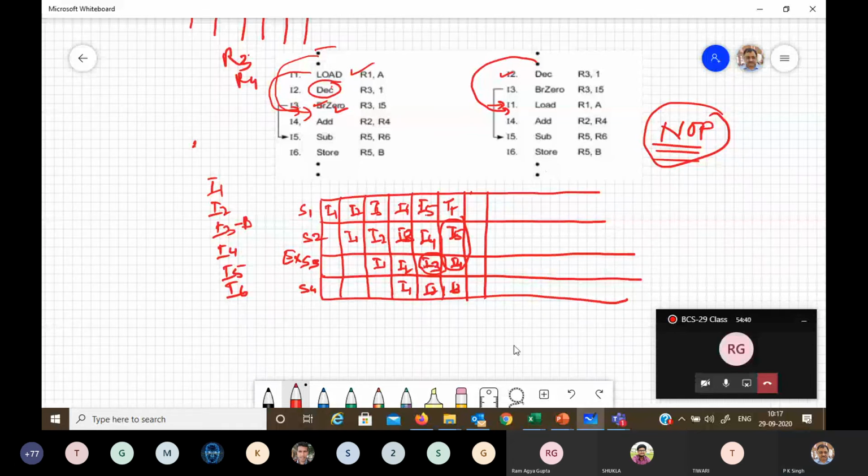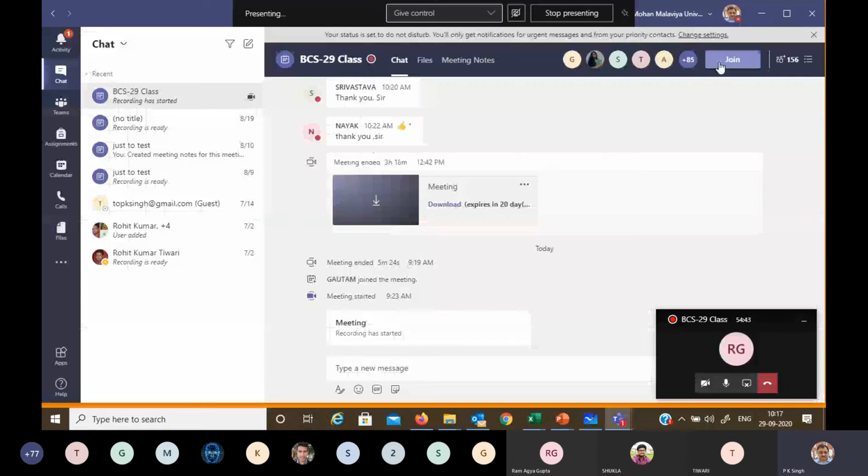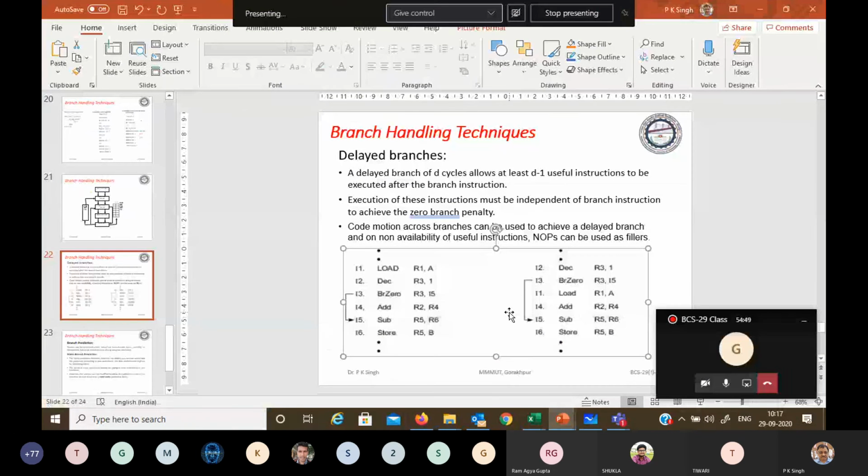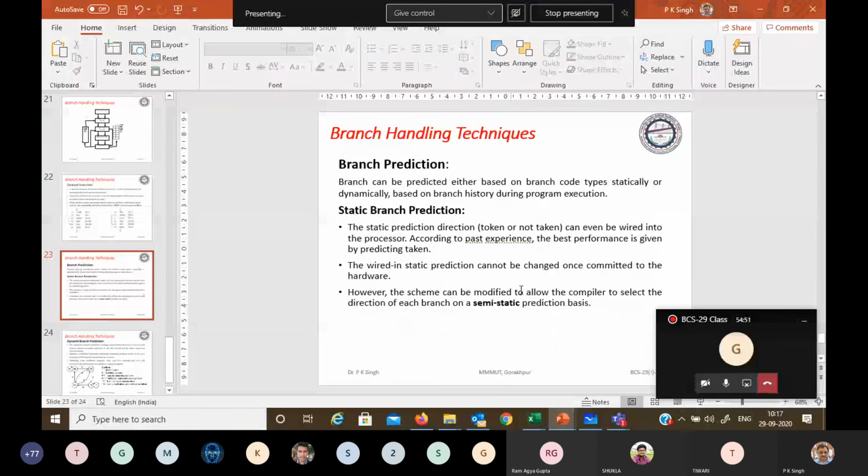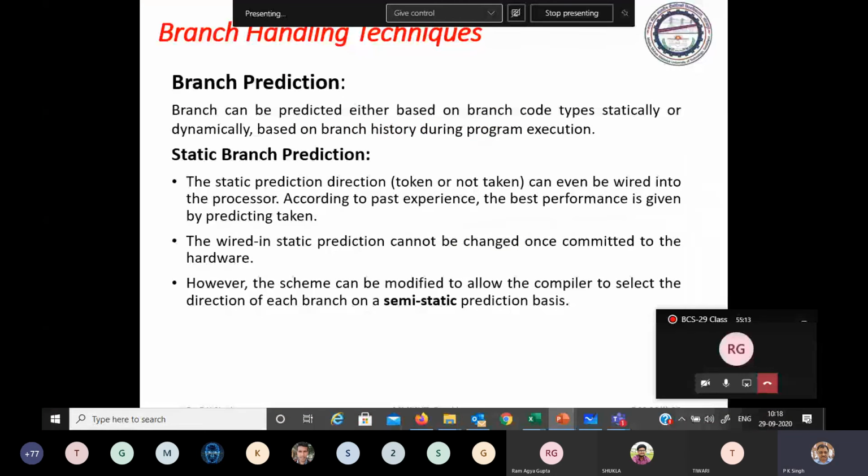Next thing, another technique. You know that we have discussed at the beginning of this discussion of instruction pipeline design three buffers.